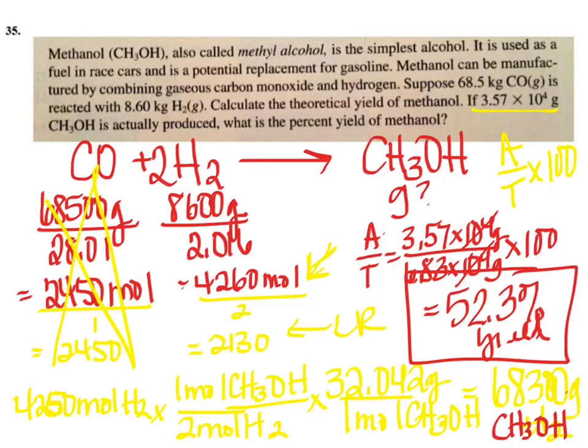At the very end is where your sig figs are really going to matter. If your answer came out to be 53.4% or something, you're still within about 1% of my answer. If your rounding is different and you're not exactly the same answer as me, you're okay. You just have to be within a certain percentage.